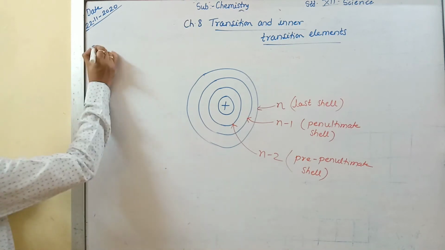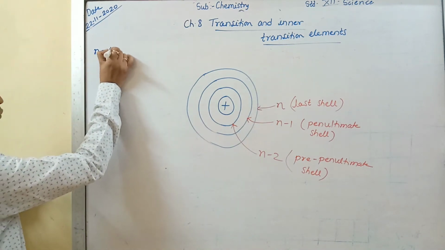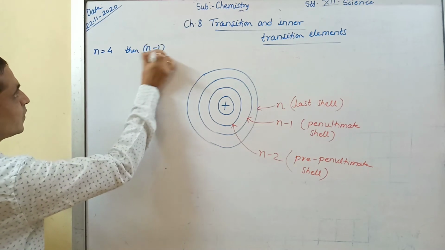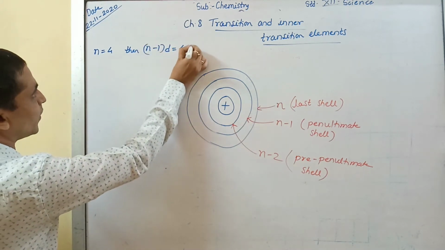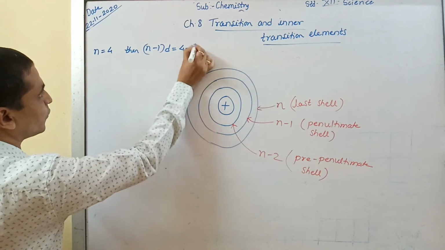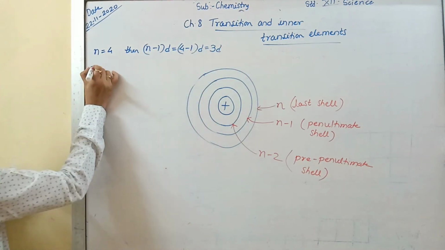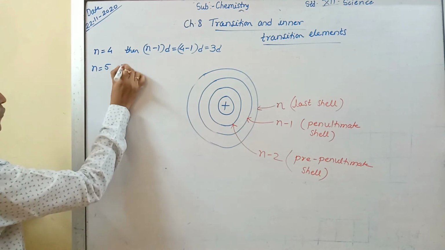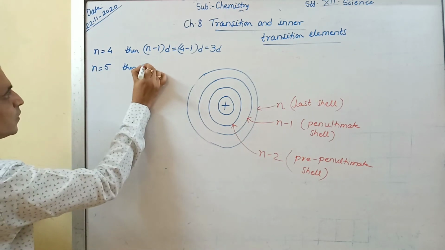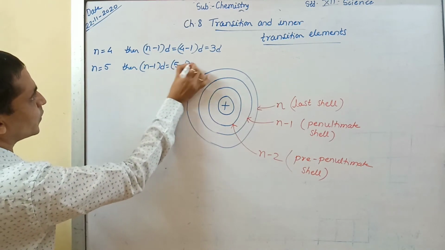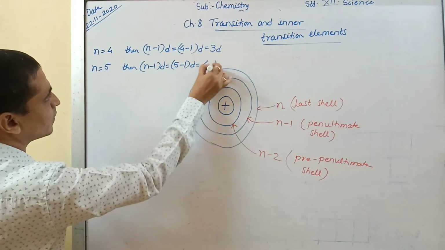If we have n is equal to 4, then n minus 1 d is equal to what? 4 minus 1 d is equal to 3d. Similarly, for n is equal to 5, you get n minus 1 d is equal to 5 minus 1 d, that is 4d.